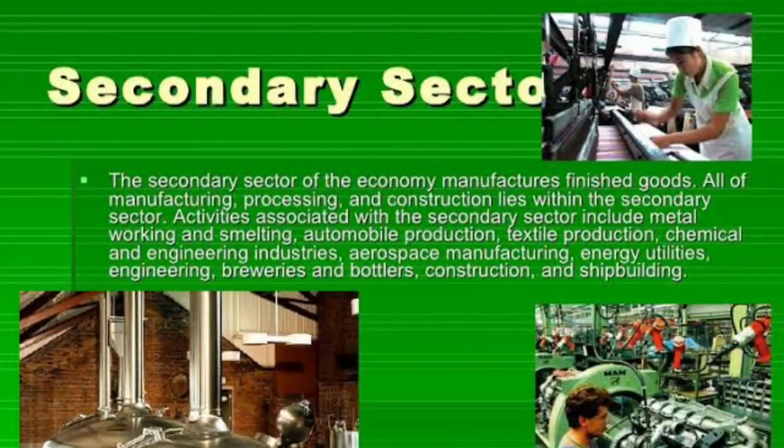In the secondary sector, we see the activities where products change into other forms. The primary products are changed into other forms in the process of manufacturing associated with industry. That means this is the next step after primary. Here the primary product is changed into other forms through manufacturing, sometimes in factories or in home workshops.